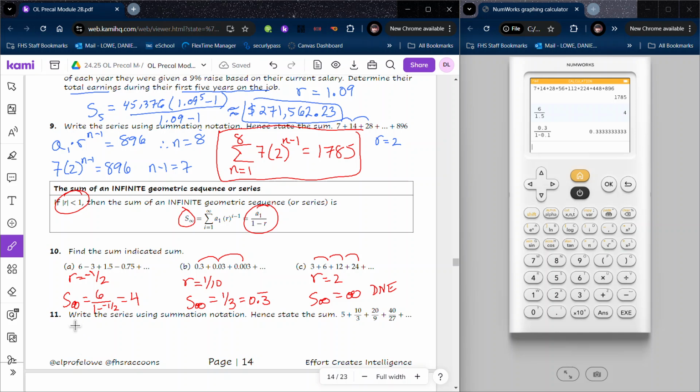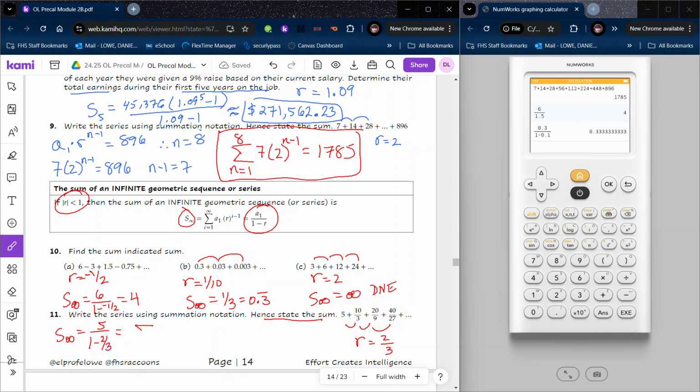Okay. Then lastly, write the series using summation notation, hence state the sum. So we need to figure out what's our pattern. If we look at this, it looks like my ratio is multiplying the numerator by 2 and the denominator by 3. That ratio has a magnitude less than 1. So my infinite summation is going to be that first term divided by 1 minus my ratio.